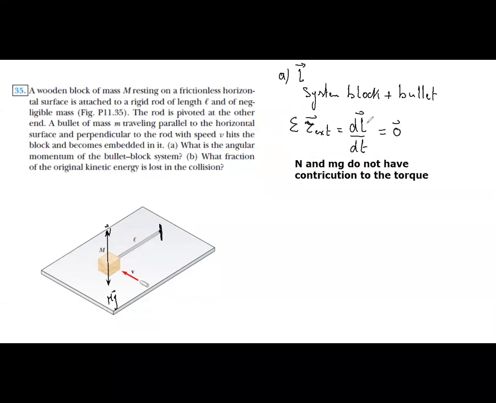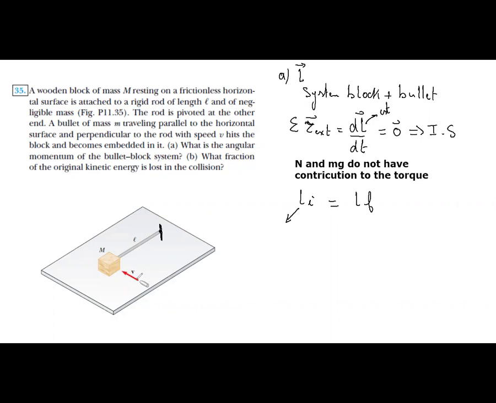So L must be constant. Here we have an isolated system, so L initial equals L final. Before the collision, we have only a linear motion of the bullet.